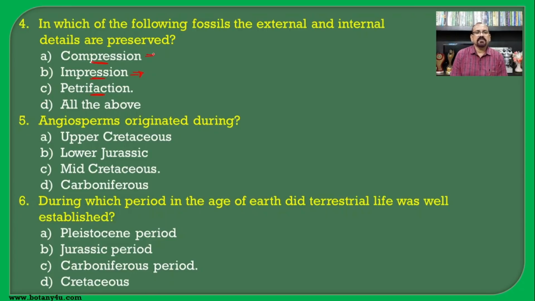In compression there are external structures as well as a few internal structures, but in the compressed condition, while because of the infiltration or the exchange of the minerals there is great preservation in the formation of petrifaction type of fossil, and hence the external and the internal structures or details can be very well observed in the petrifaction, and hence petrifaction is the correct answer for this question.